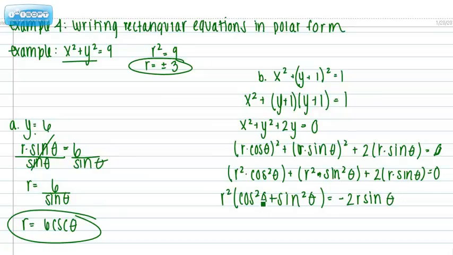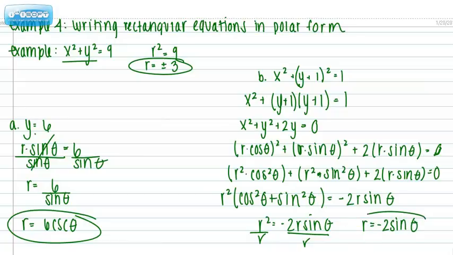I know that cosine squared of theta plus sine squared of theta is equal to 1. So r squared equals negative 2 r sine of theta. Divide by r on both sides. And we should get that r equals negative 2 sine of theta, which of course is our final answer because I wind up with an r and a theta.